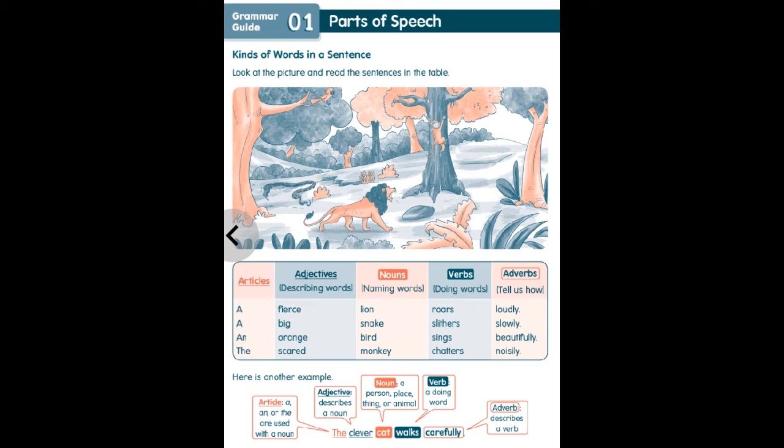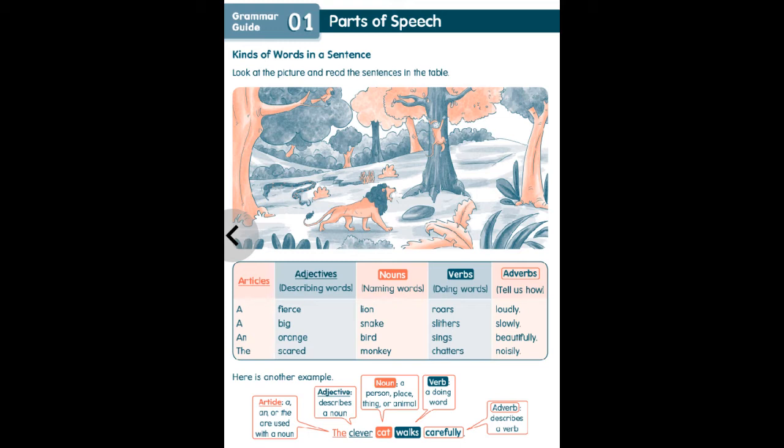Articles. Which are the articles here? A, an, the. Adjectives, that is describing words: fierce, big, orange, scared. Nouns, naming words: lion, snake, bird, monkey.